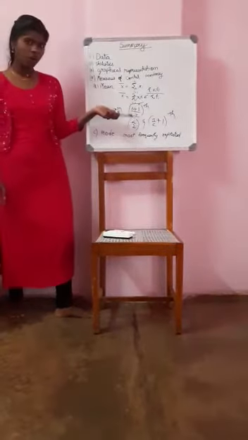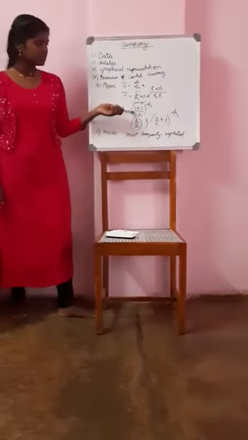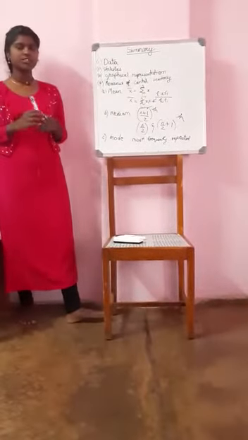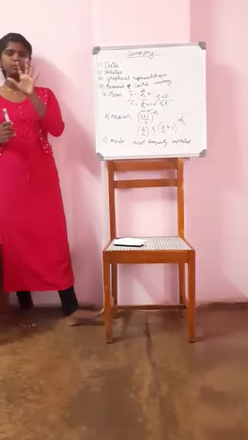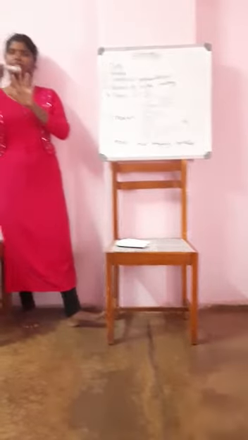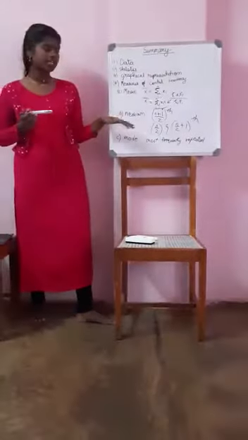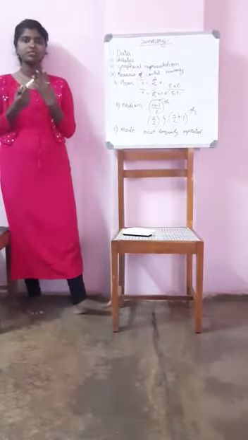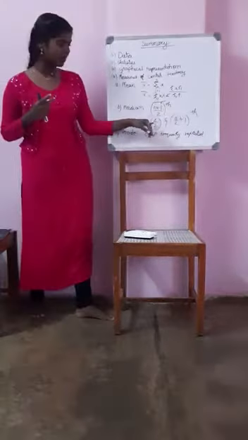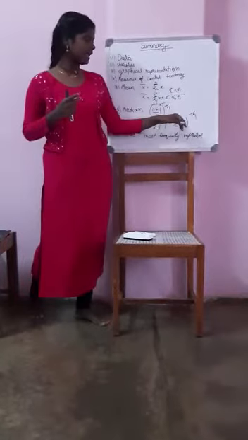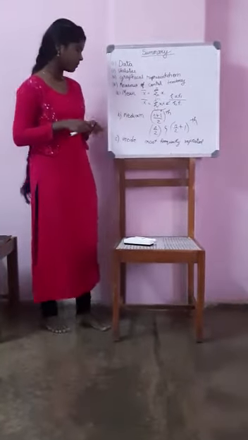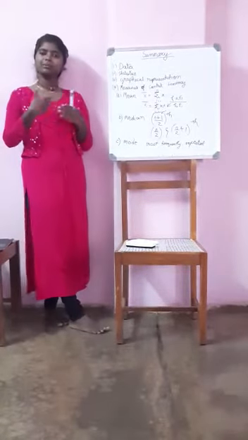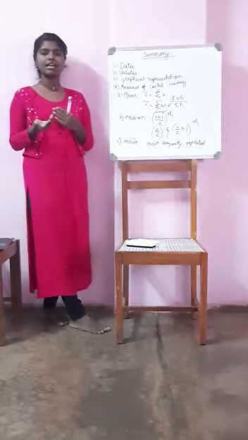When it is for an odd number, you will use the formula n plus 1 divided by 2, which will be exactly the middle value. Suppose 5 numbers are given, the middle one will be the median. Suppose even numbers are there. What will we do? Then your medians will be 2: that is n by 2 and n by 2 plus 1. Now next, mode. What is mode? Most repeated data is called mode.